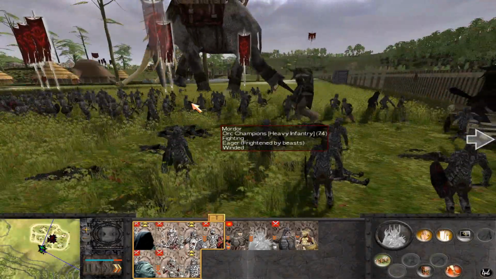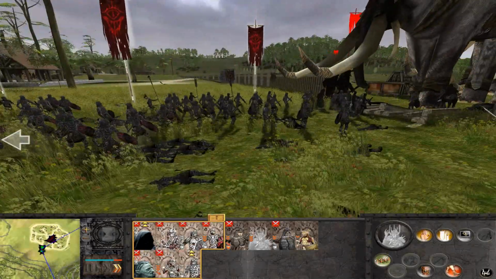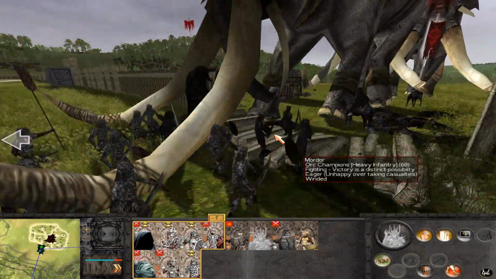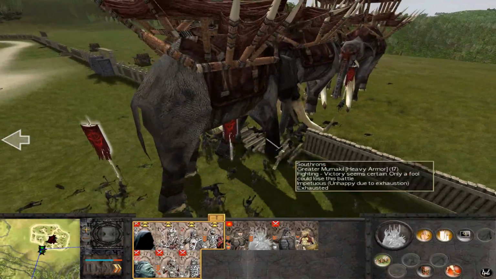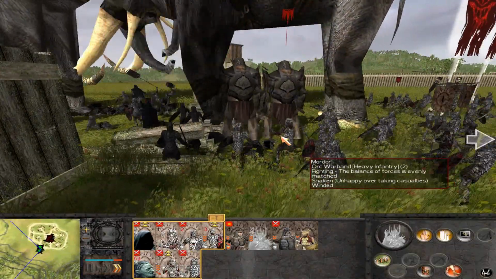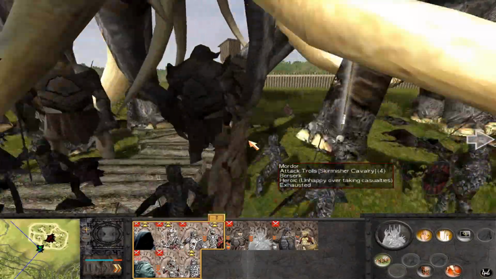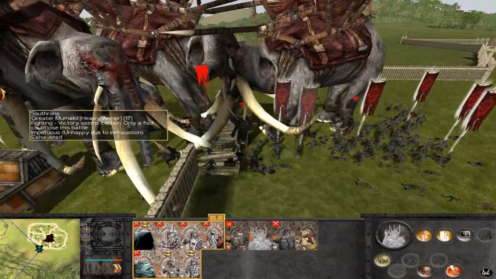Slaughter our troops. I believe the trolls might be able to take them out, despite being very small compared to the Mumakils.